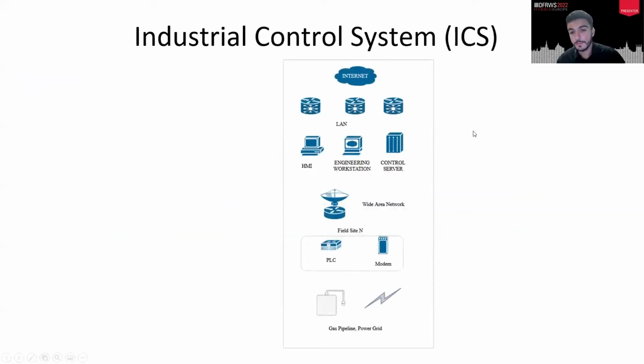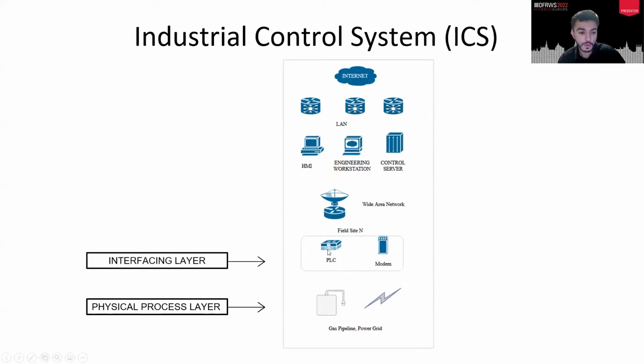All right. So an industrial control system is an integrated system which is all connected over the internet. These gas pipelines and power grids are the physical layer of the system. And these are connected through the field devices, the PLC, modem, and these act as an interface between the physical layer and the internet.